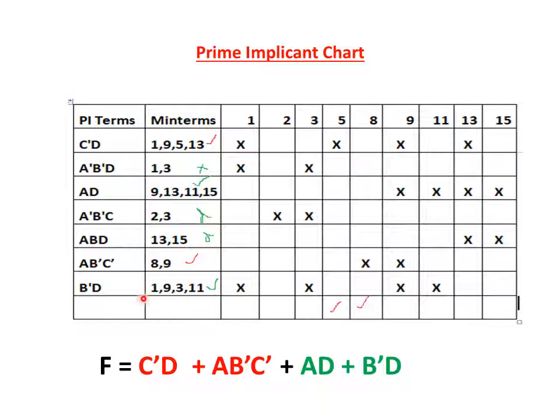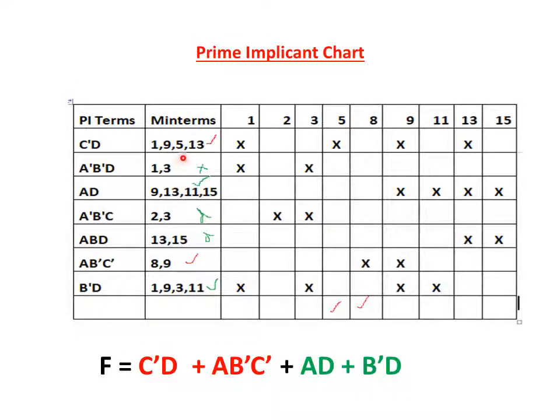So the final expressions B bar D and AD are included, and these three combinations are eliminated. That means 1 3 is eliminated, 2 3 is eliminated, 13 15 is eliminated, because 13 15 is covered with this combination, and 2 is the don't care, 3 is grouped with this combination, and 1 of 1 3 is already grouped with this combination, and 3 is grouped with this combination.